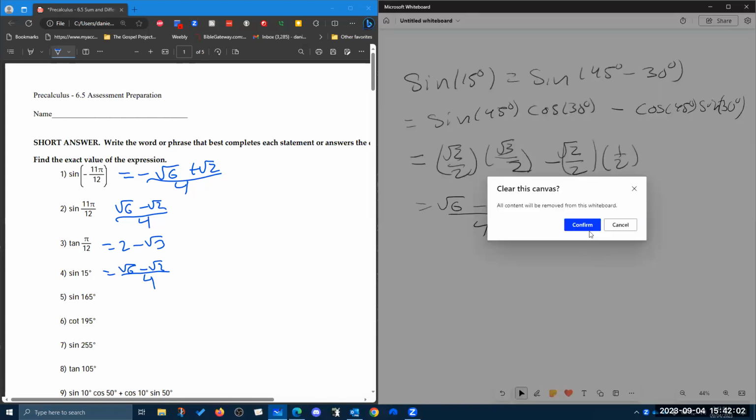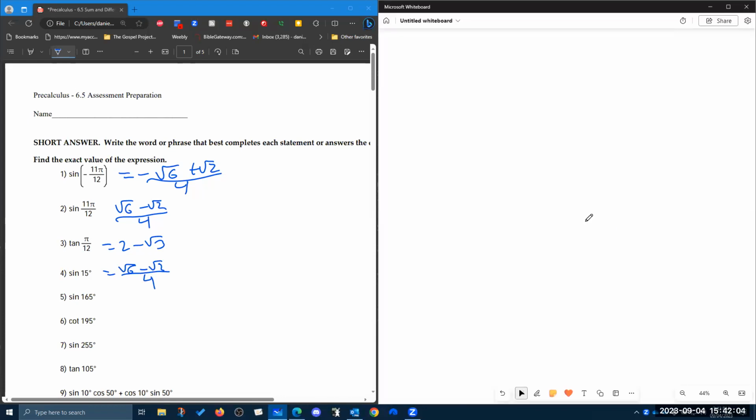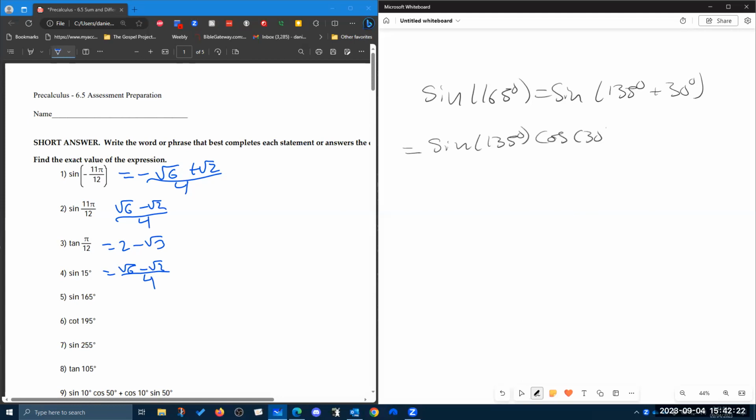165 degrees is going to be 135 plus 30. So it's going to be sine of 135 cosine of 30 plus cosine 135 sine 30.